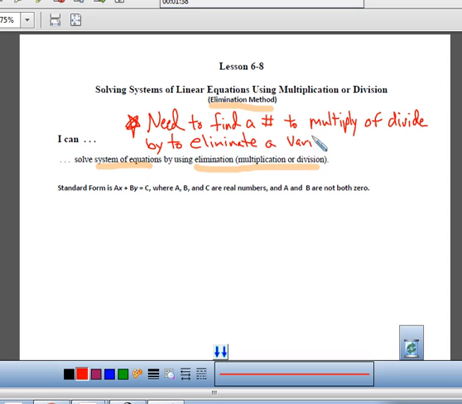Remember, we're dealing with more than one variable, so by getting rid of one of them, we can solve for the one that's still there.